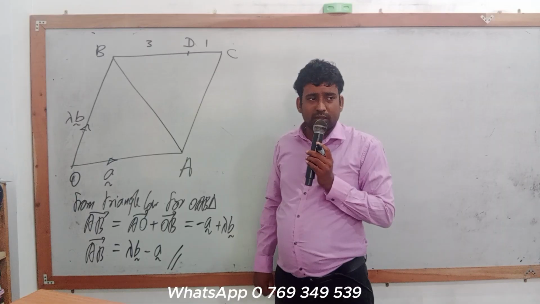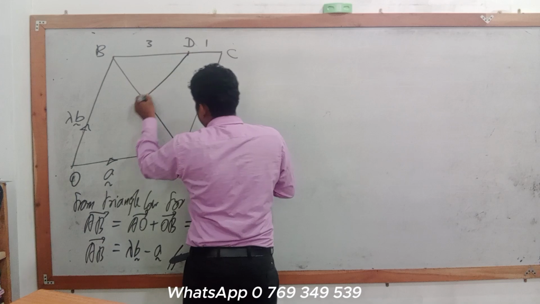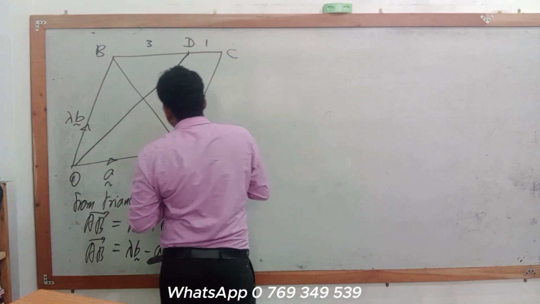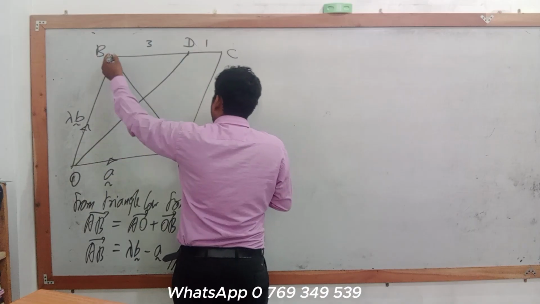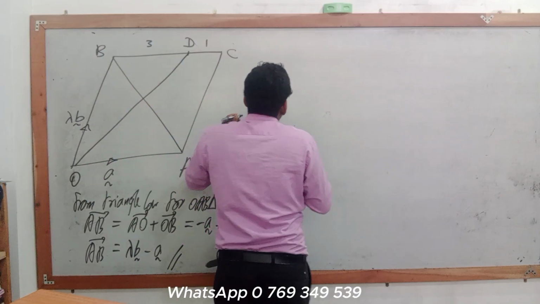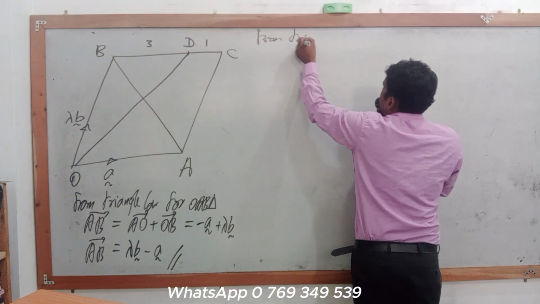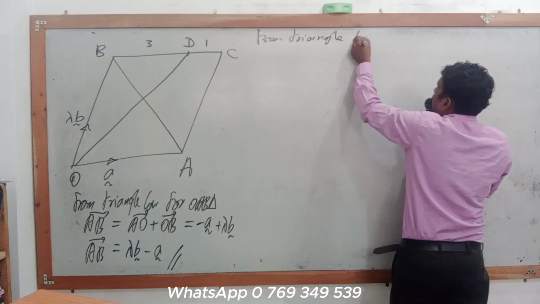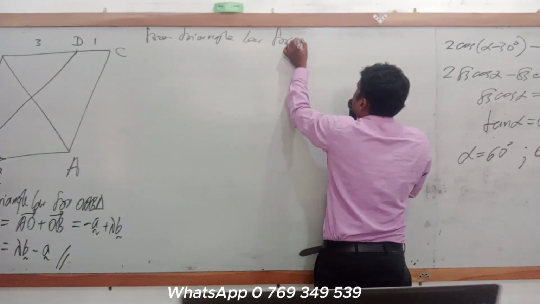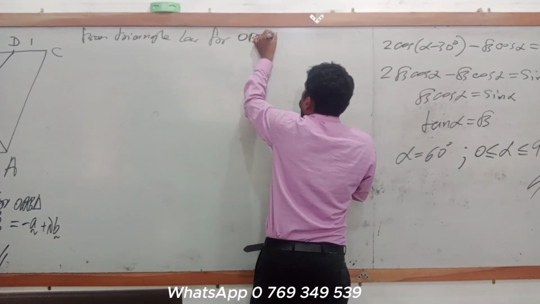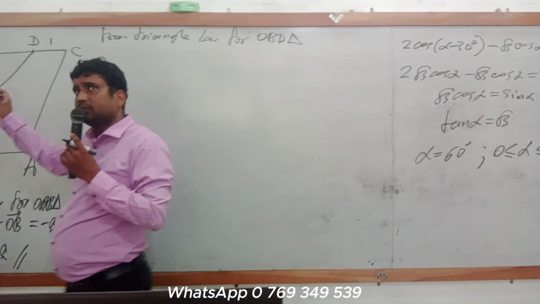And OD. Where is the OD? Yes, OD is here. You have to draw like that. No? OD also the same, no? This one and this one. This is the triangle. From the triangle law, for the OBD triangle. OBD triangle.